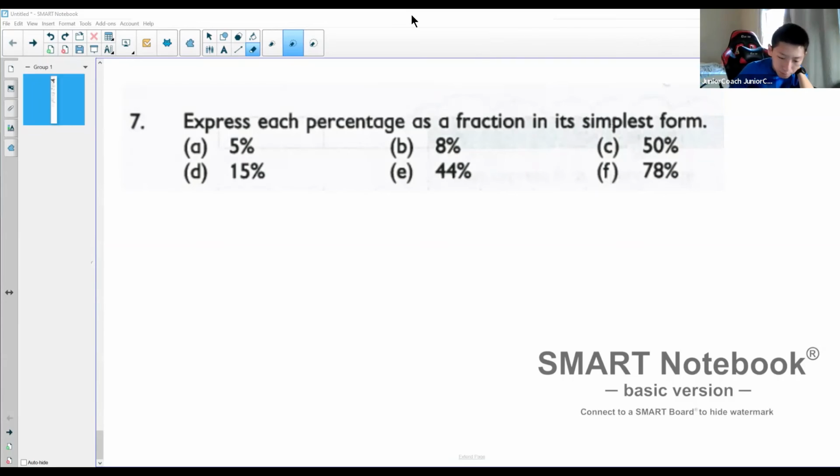Good job, both of you. Good job, everyone.